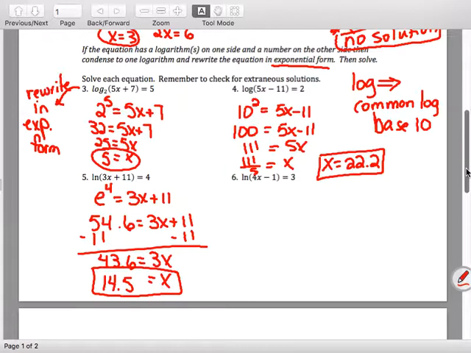All right, number 6. If I want to solve ln, that's called natural log, of 4x minus 1, notice it matters if there's a parenthesis or not. That really, really matters. So this is going to be e to the third power equals 4x minus 1.